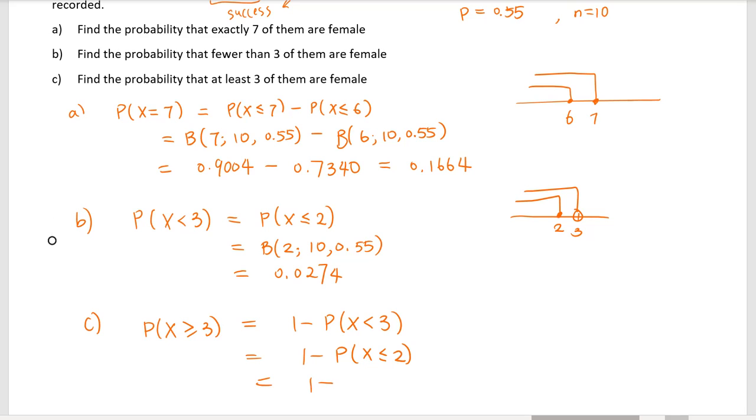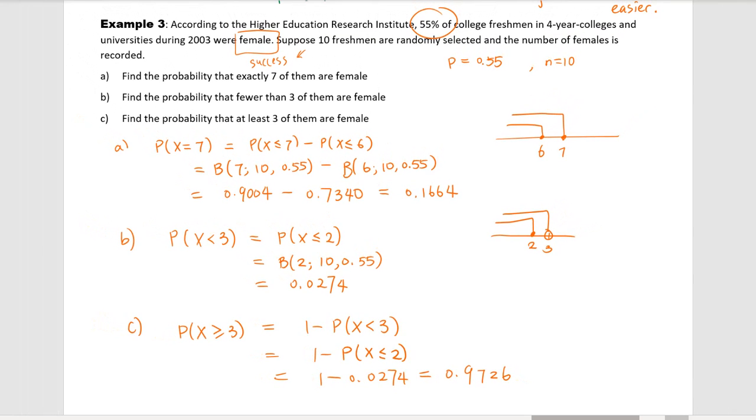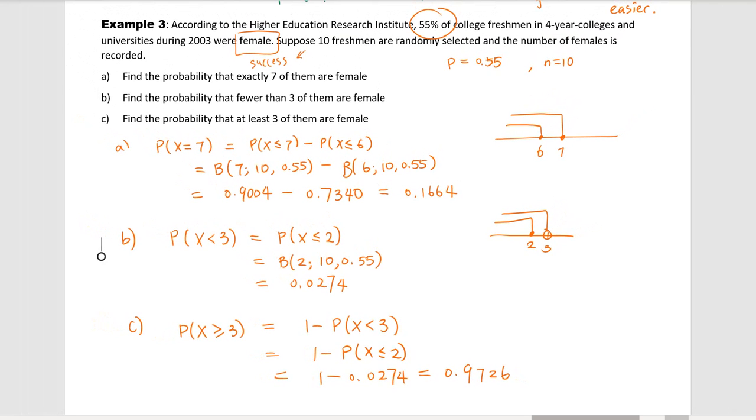We already have that in part B, 0.0274. So the answer is 0.9726. Okay, so this is part C. So far so good, everyone? Do you have the same answers?